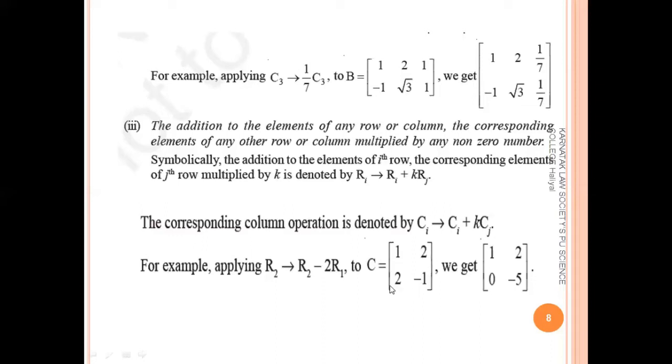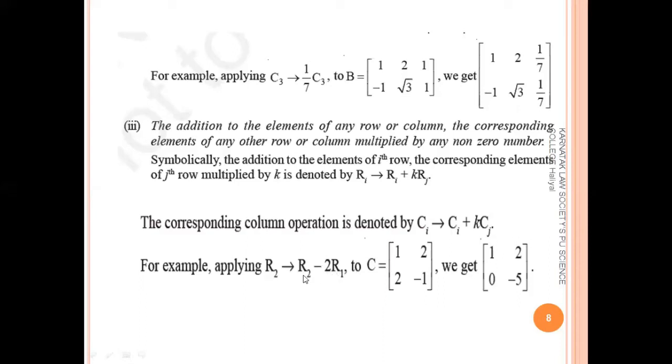So I operate on R2. In R1 the first element is 1, so in order to make this 2 into 0, I use that element: R2 → R2 - 2R1. So it becomes 0.